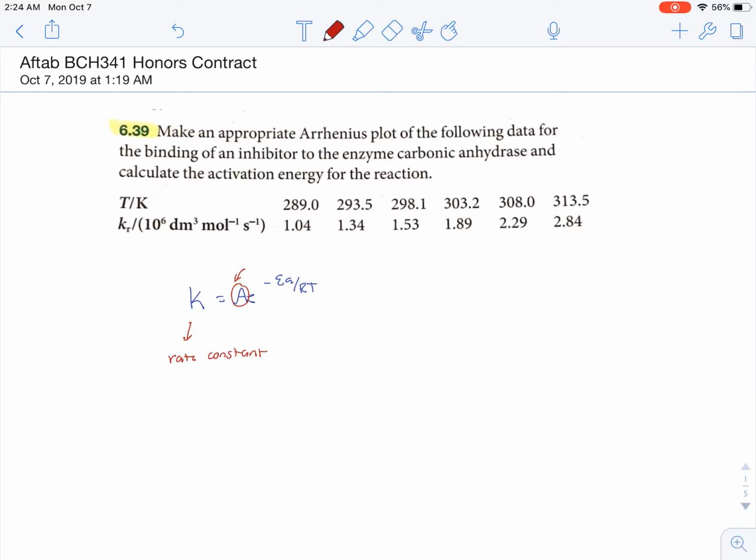A here is going to be our pre-exponential factor, and we'll get into that in a little bit. EA here is our activation energy, which we're going to be solving for in the second component of this problem. R is the ideal gas constant. And T is our temperature in Kelvin.